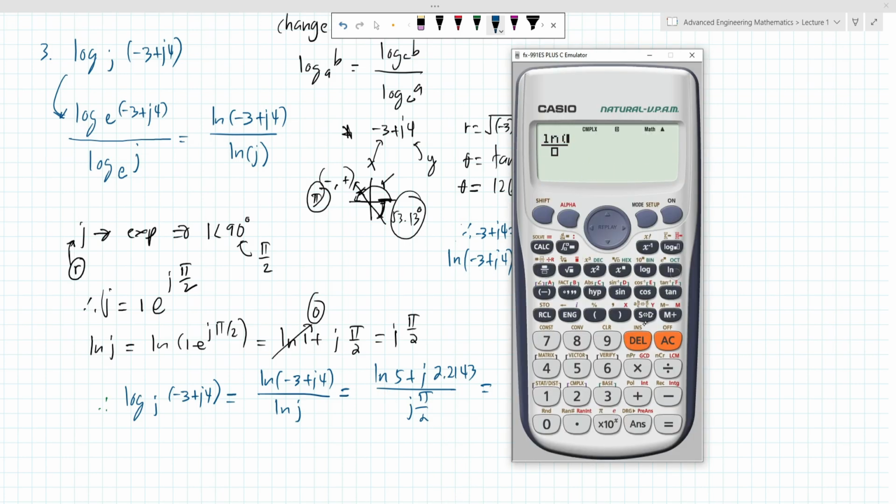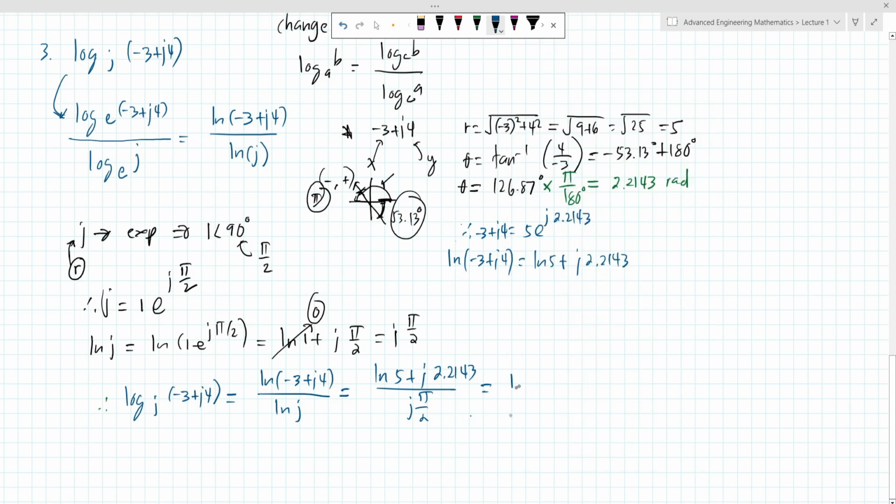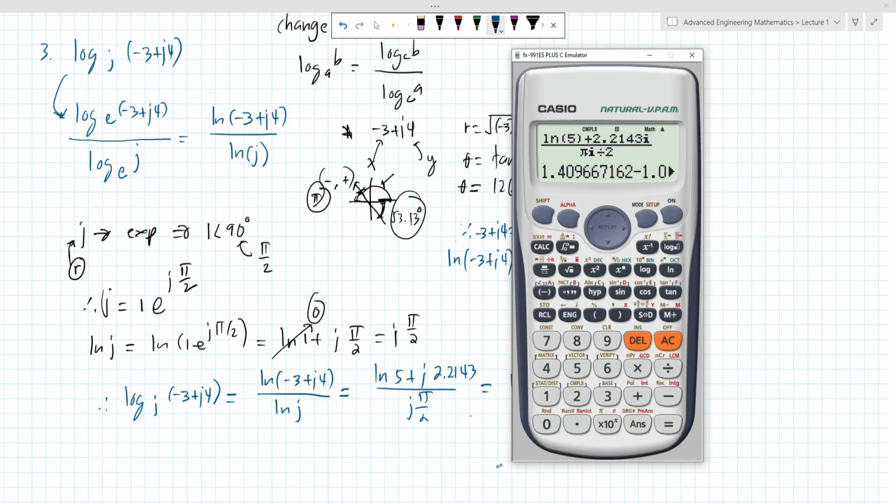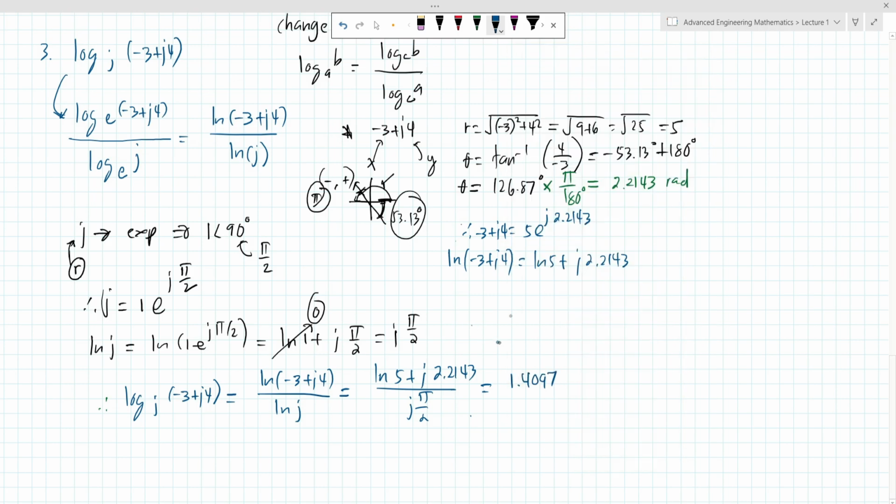So we have here ln of 5 plus 2.2143 i, then pi over 2, or pi i by 2. So that is 1.4097 minus j 1.0246.